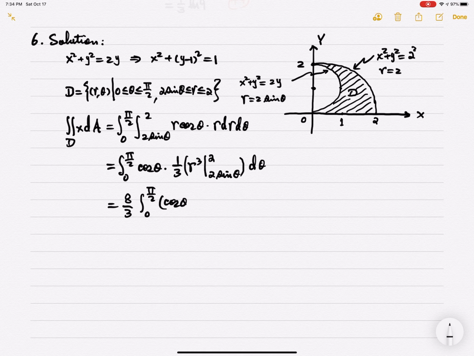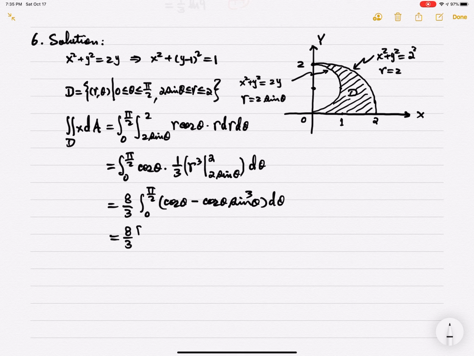The second term is cosine theta times sine cubed theta, d theta. Now this is easy to integrate.